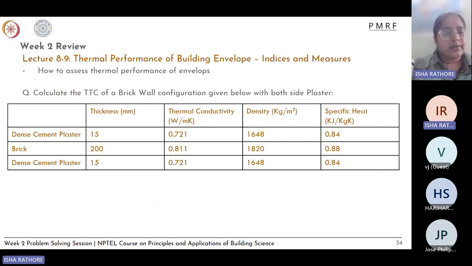Calculate the thermal time constant, or TTC, of the brick wall configuration given below. We are given the thickness, thermal conductivity, density, and specific heat for each of the layers of the wall. Again, we have 15 mm plaster with 200 mm brick, and then again 15 mm plaster.